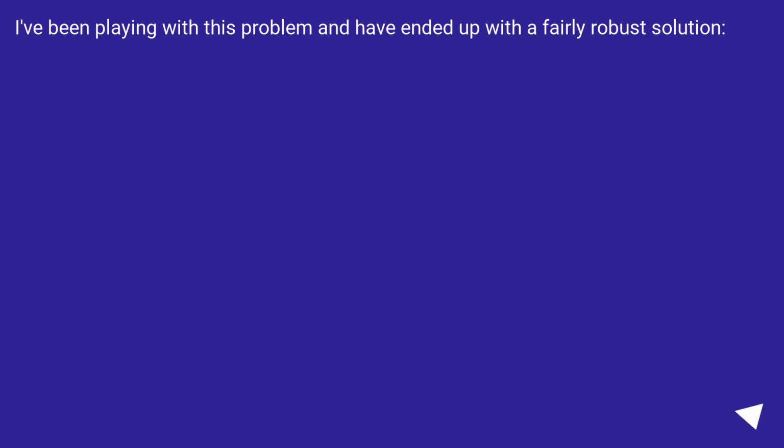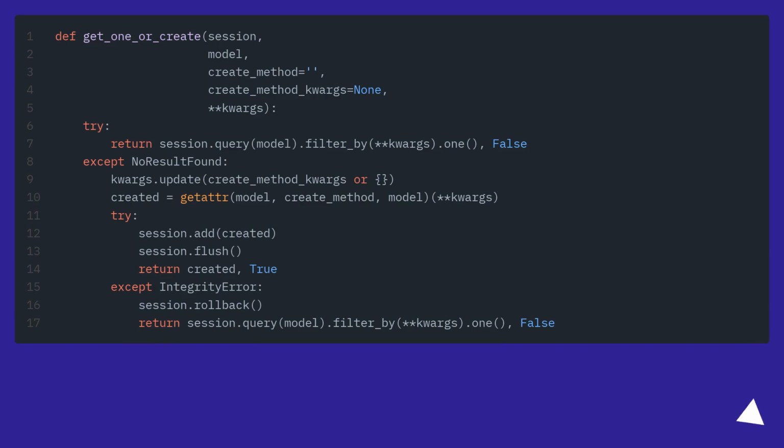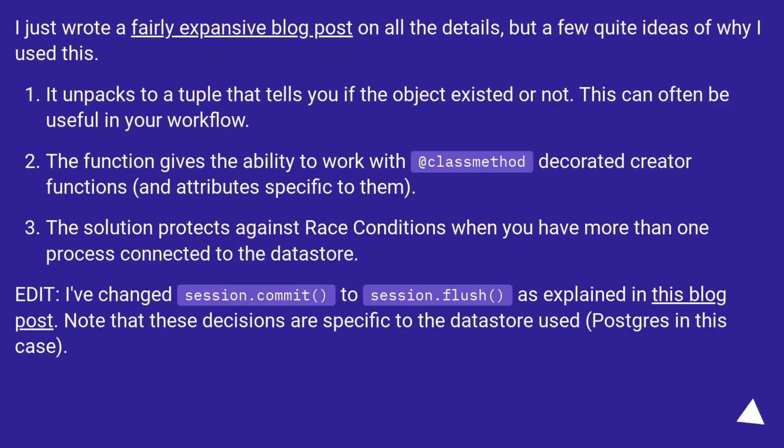I've been playing with this problem and have ended up with a fairly robust solution. I just wrote a fairly expansive blog post on all the details, but a few quick ideas of why I used this.